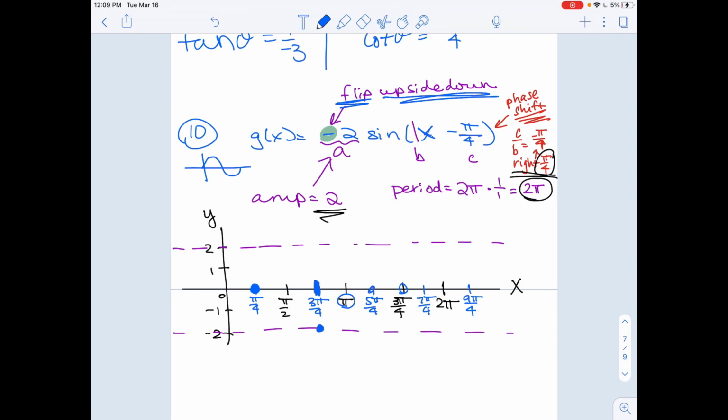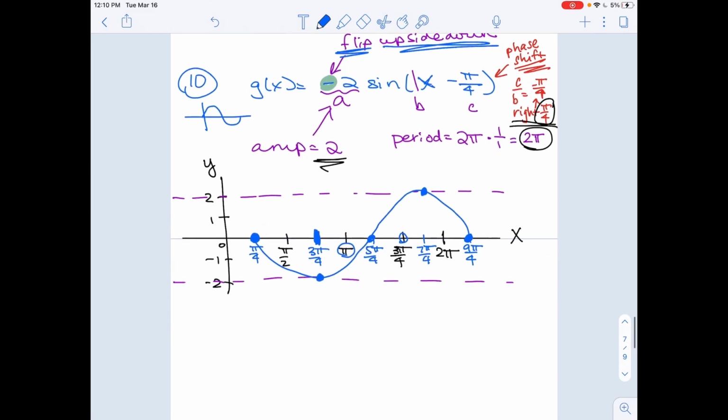Next one over, back up to 0. Next one over, we're going to go up to the peak, and then finally ending back at that midline. So when I connect my dots, this is what it looks like, which still looks like sine, but it's flipped upside down and shifted to the right. Also, the amplitude is 2, which is exactly what we saw before.